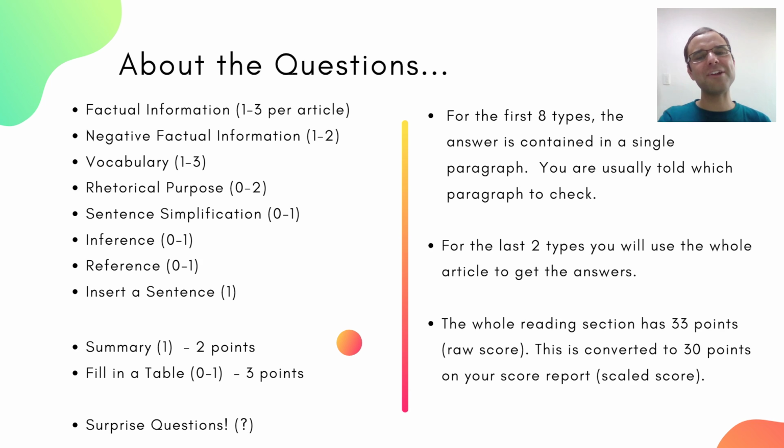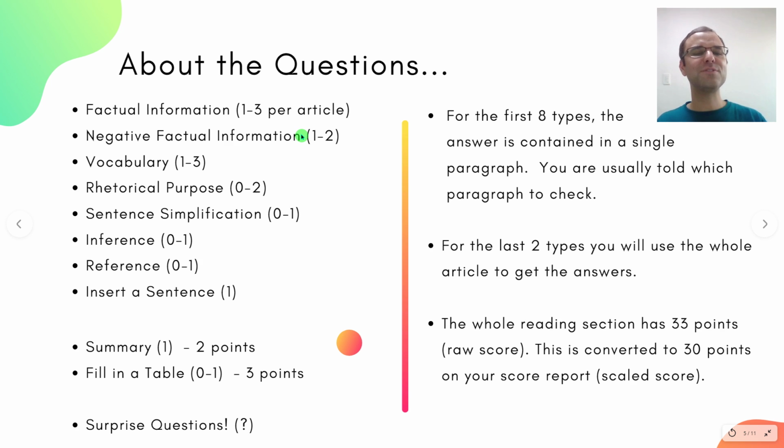And you'll have to categorize them either as animals with 2 legs or animals with 4 legs. And that one is worth 3 points. And for these last 2 question types, you have to use the whole article to get the answers. So yeah, that makes them a little bit more challenging.